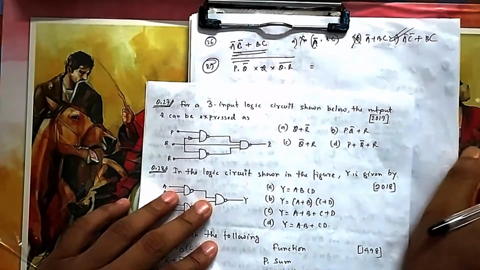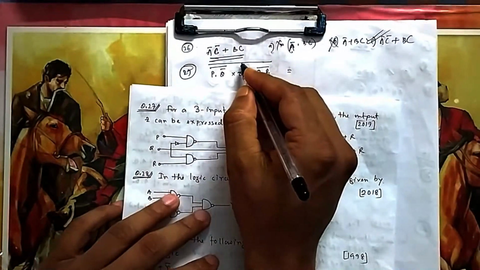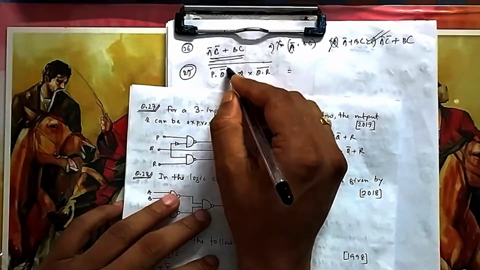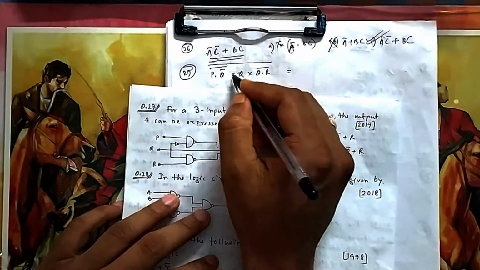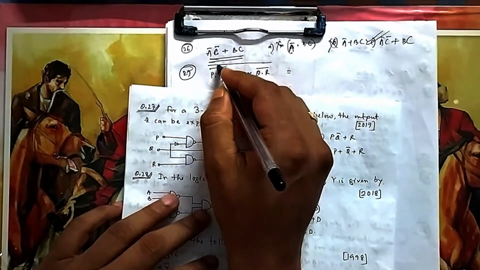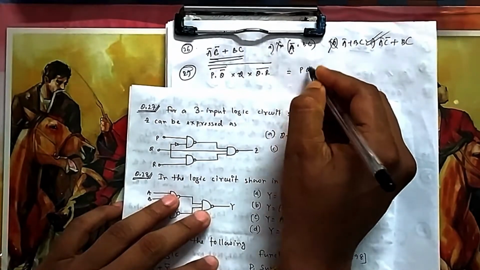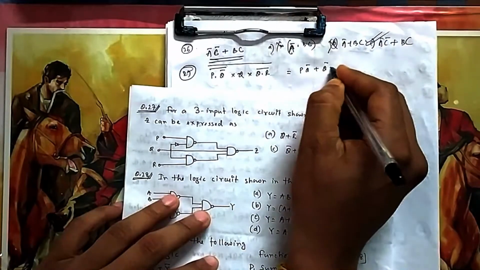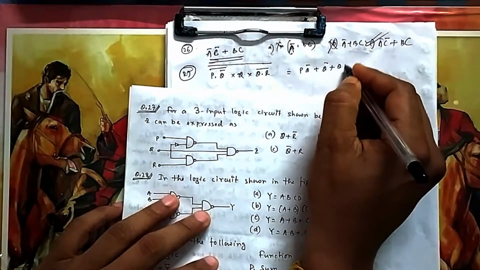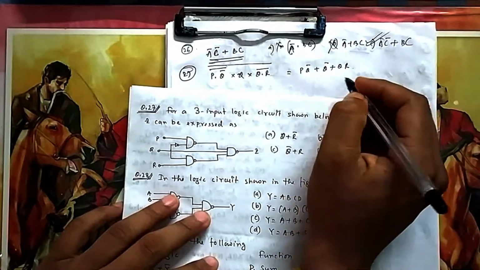You can apply De Morgan's rule and expand it. If you split this bar into three different parts, part 1, part 2 and part 3, then there will be plus signs, and here bar and bar will get cancelled out. So it will be P Q bar plus Q bar plus QR.